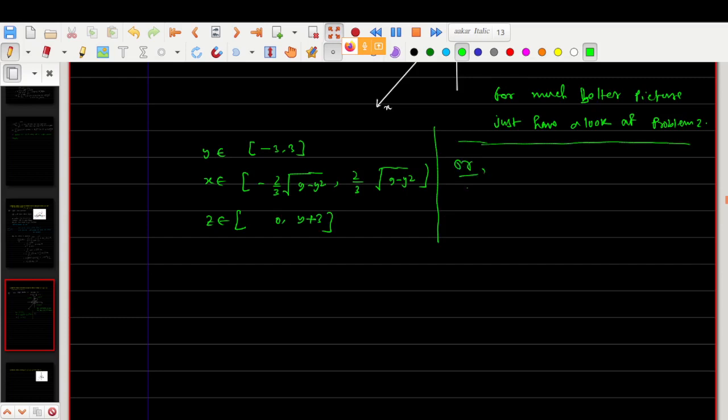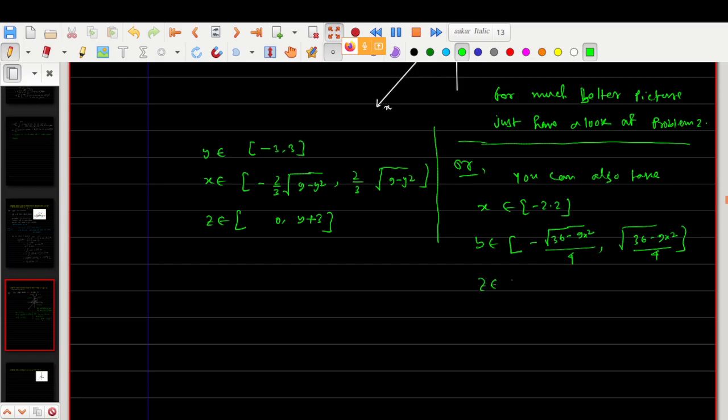Or you can also take x belongs to minus 2 to 2, y belongs to minus root over 36 minus 9x square by 4 to root over 36 minus 9x square by 4, and z belongs to the same.